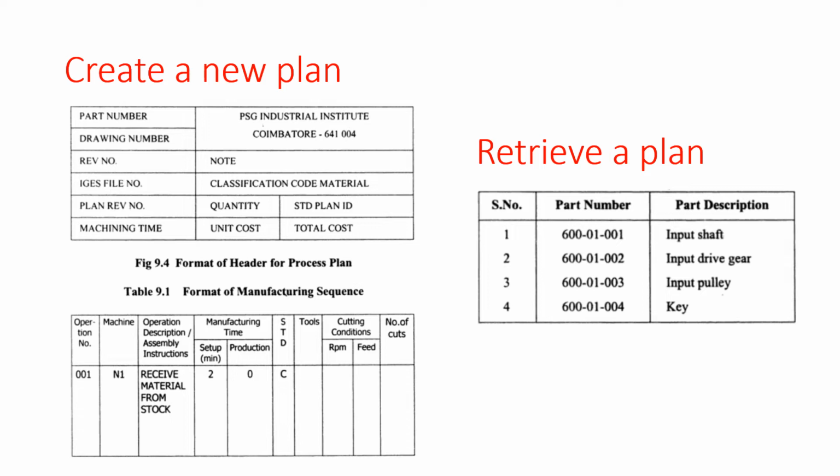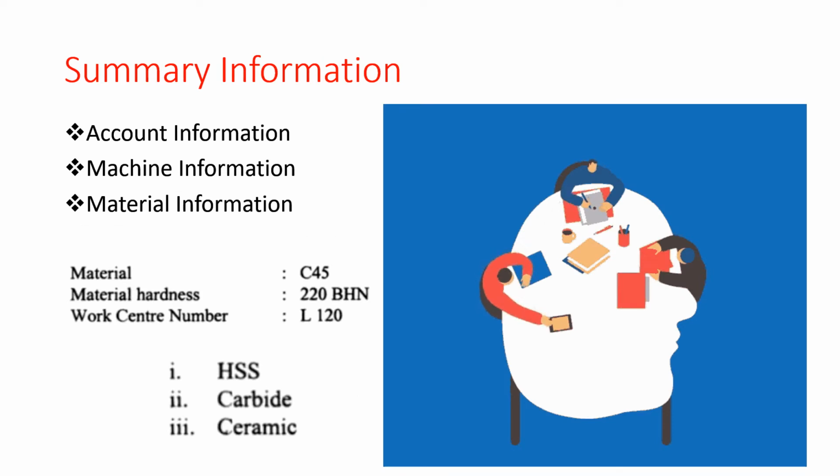Sometimes if we know a word in the description of a part, say serial number 1, and if you type 1, your plan which is stored in serial number 1 can be easily retrieved. Summary information includes account information, machine information, material information, and so on.